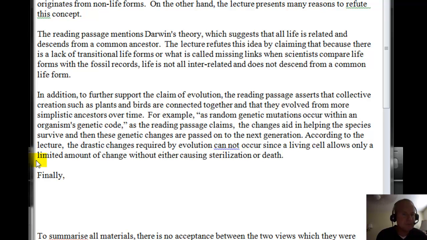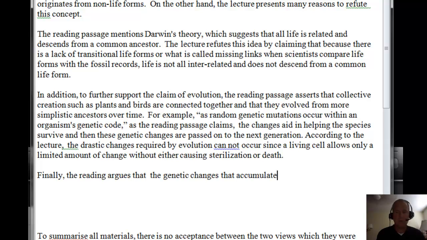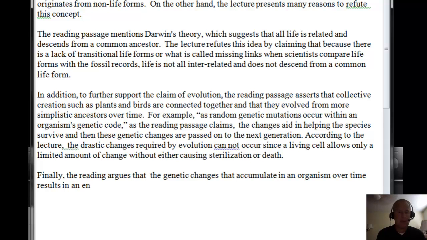Okay, so let's say, so you might say, finally, the reading passage argues that these genetic changes accumulate in an organism over time, result in an entirely new organism.